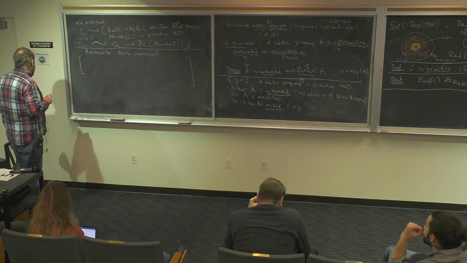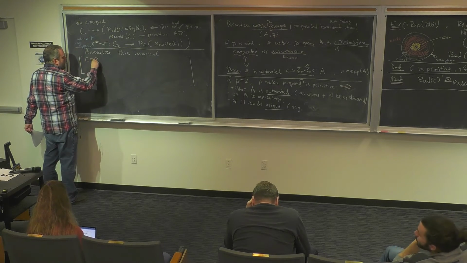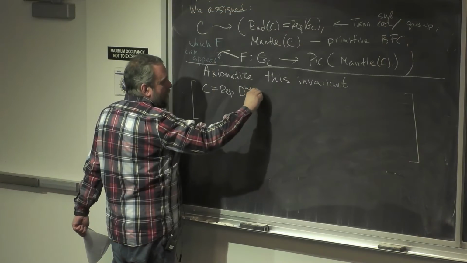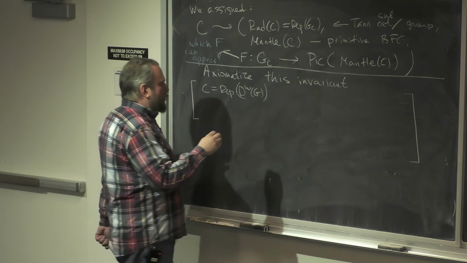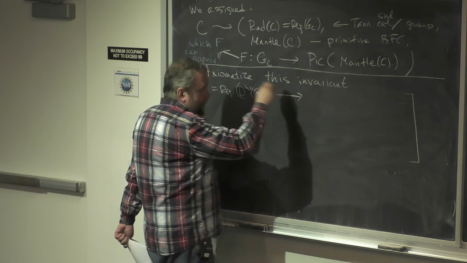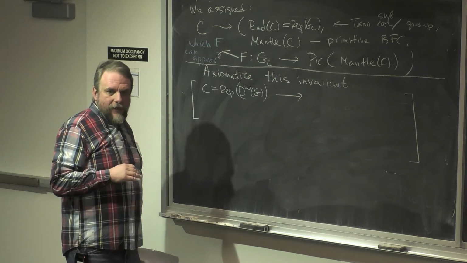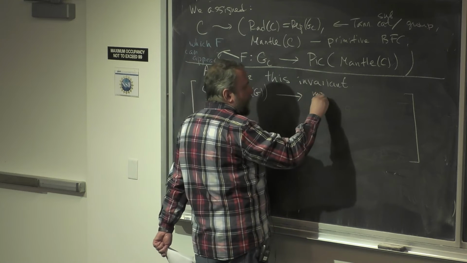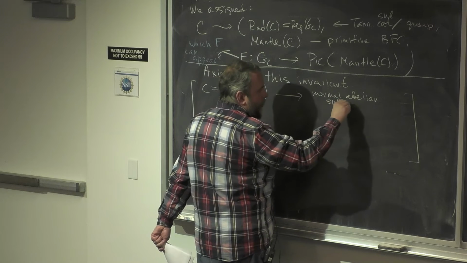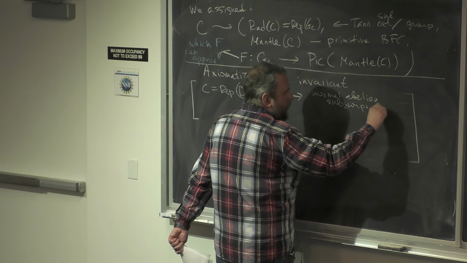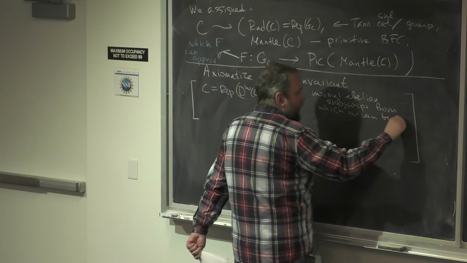Remember that when we started with Rep(D^omega G), then the relevant property was that we were looking for normal abelian subgroups from which this omega can be inflated.